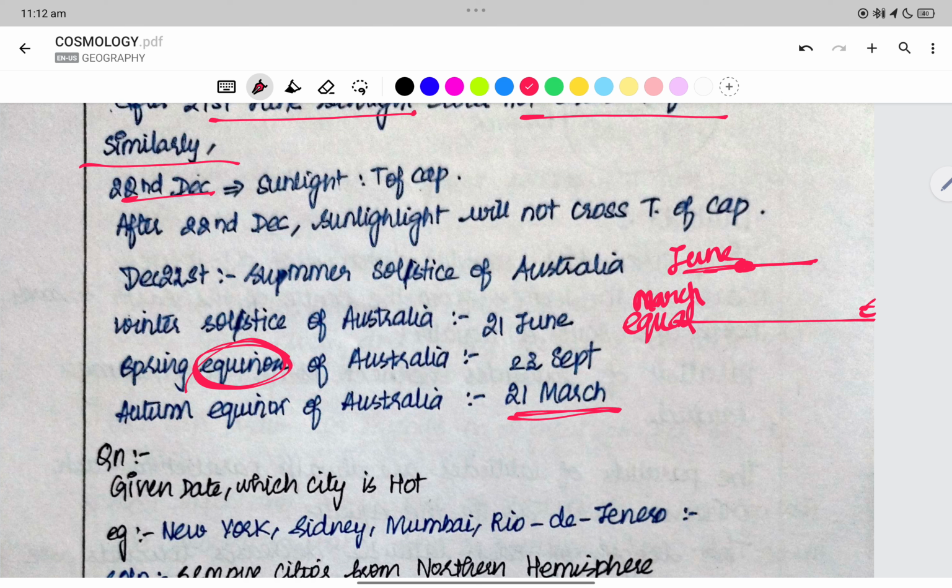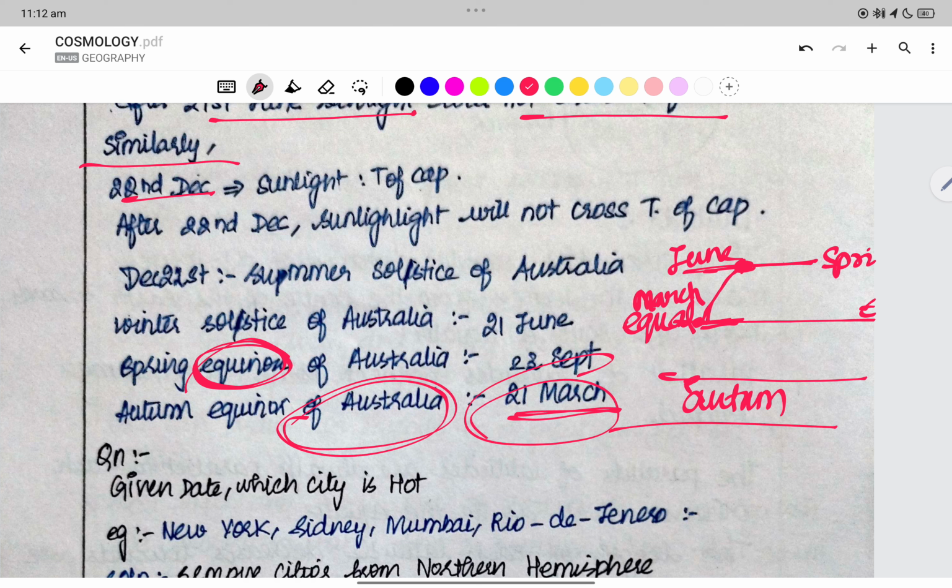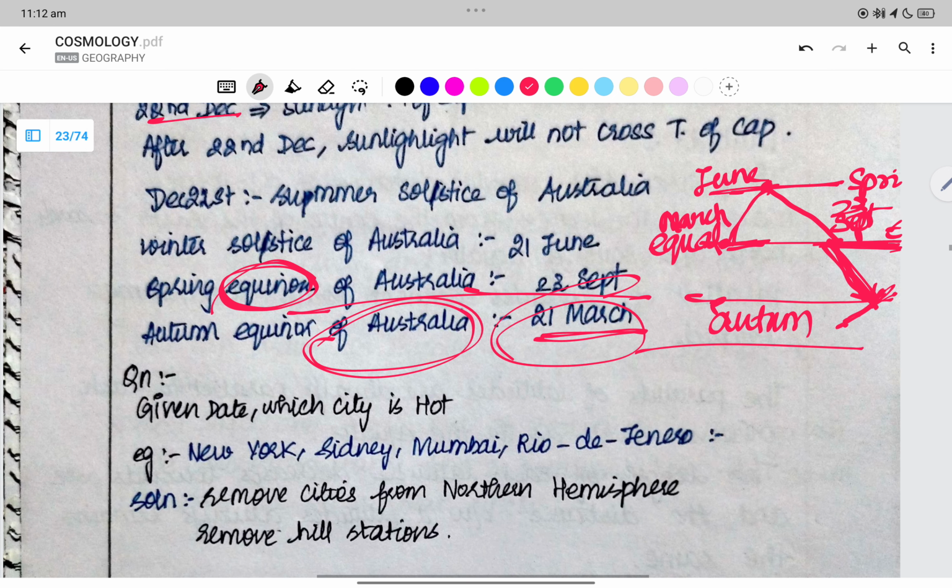Let us assume it is 21st March, then it goes here. Here it is summer, here it is spring. So when here we have spring, here we have autumn. So the autumn equinox is 21st March of Australia. Then it goes here, 23rd September. If it is summer over here, next it goes over here, therefore it is spring. So it is the spring equinox of Australia.